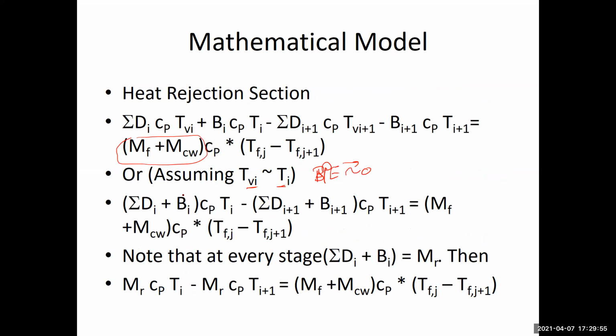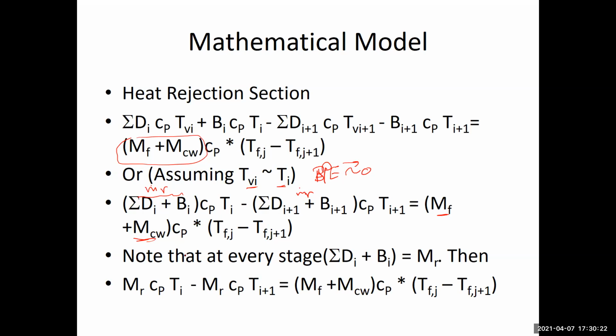And we can combine this to M dot R and this to M dot R, but here we cannot, because this is M dot feed and M dot cooling water. Which means that the temperature difference in the flashing part at the bottom of the stage is not going to be equal to the temperature difference on the top side where the flow is passing inside the tubes.